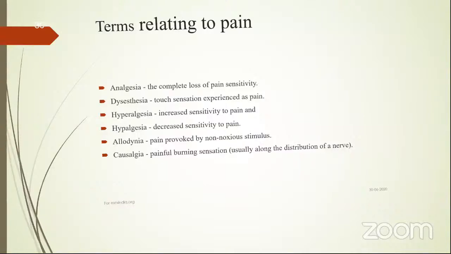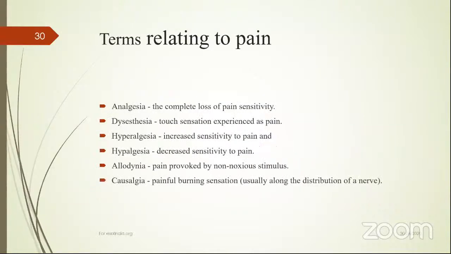Okay, now after assessment, what are the terms you should know about sensation and dermatome? Analgesia, I think most of you know, is loss of pain sensation. Dysesthesia is when touch sensation is considered painful.